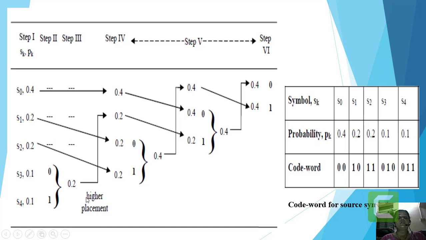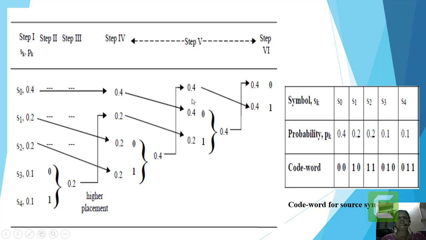As in the previous stage, we have used the higher placement with equal probability value. The same we have to follow if equal probability exists in the next steps also. As per this rule, we are placing this combined probability 0.4 before the original probability of 0.4, and we carry forward the previous 0.4 and 0.2 values as they are in the next step.